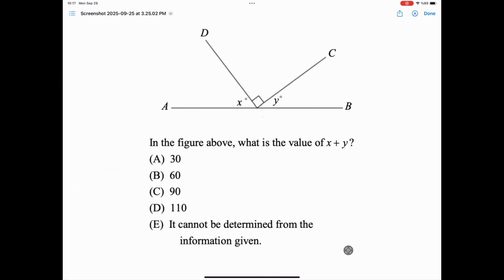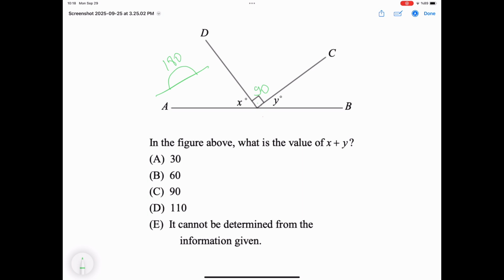Next, in the figure above, what is the value of x plus y? So this is a straight line, it seems. We know that a straight line is 180 degrees. And this seems like 90 degrees, right?